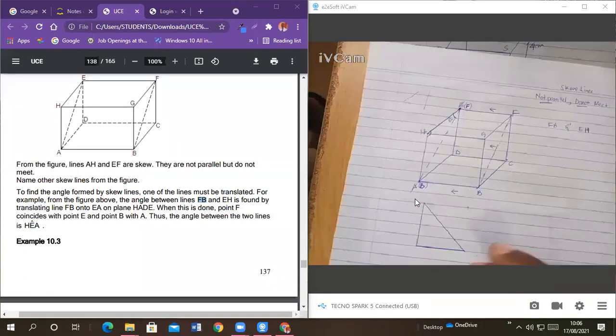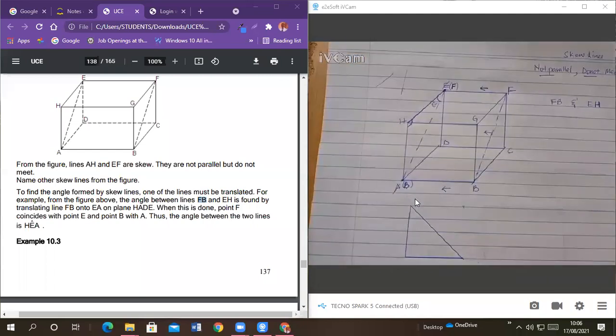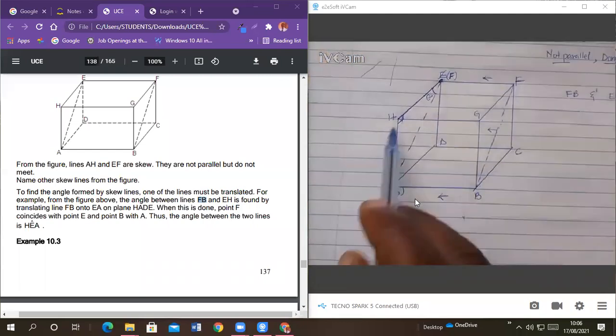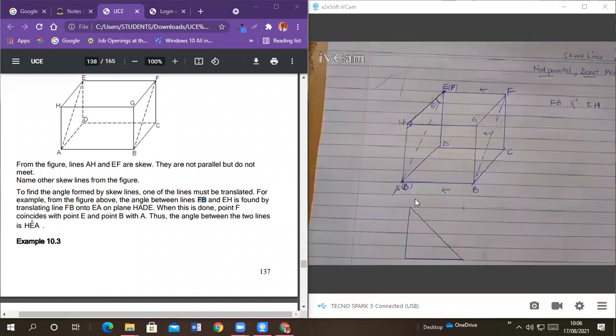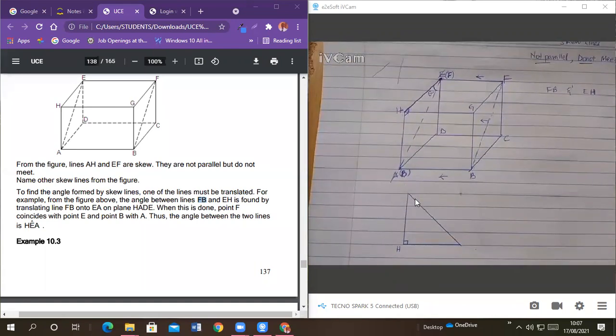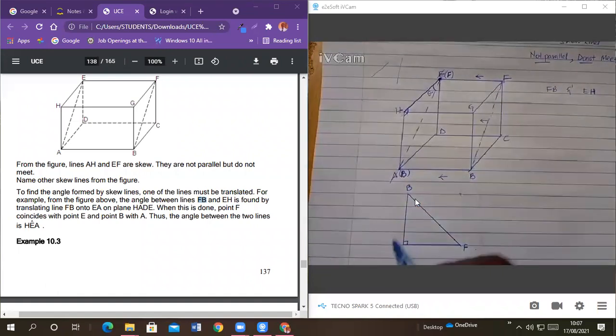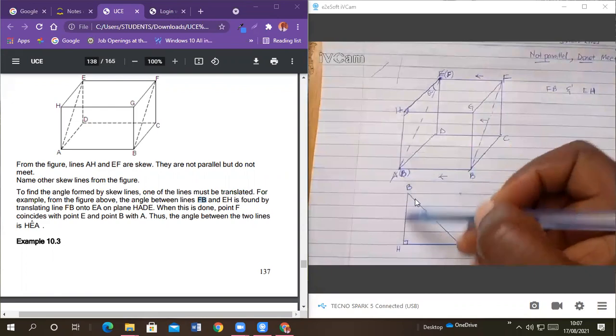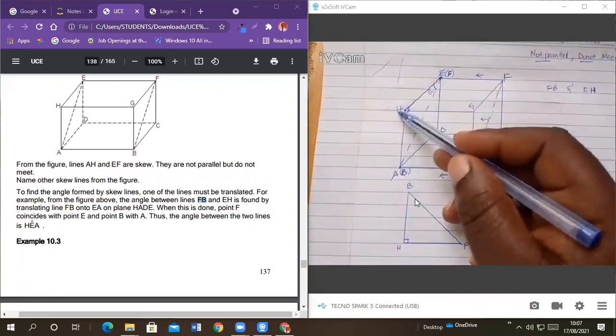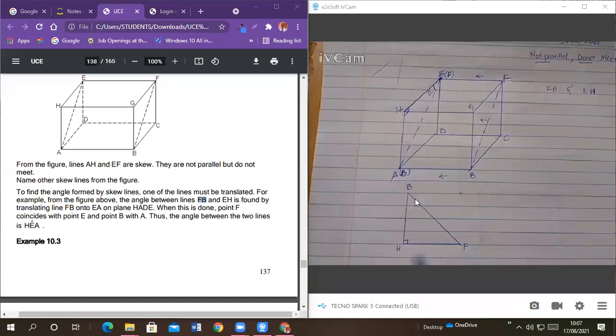So where is 90 degrees? 90 degrees is at H. So I must put H here, and I put 90 degrees there. This point is F, and this point is B. So I have HB, and the line HF, and this is the hypotenuse.